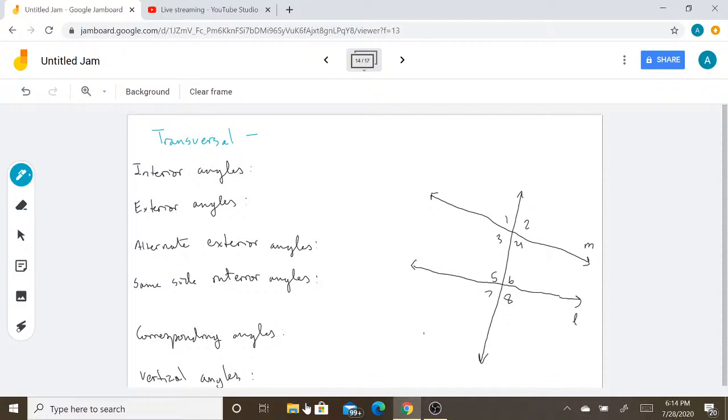So what's a transversal? A transversal is a line that intersects two other coplanar lines in two different points.